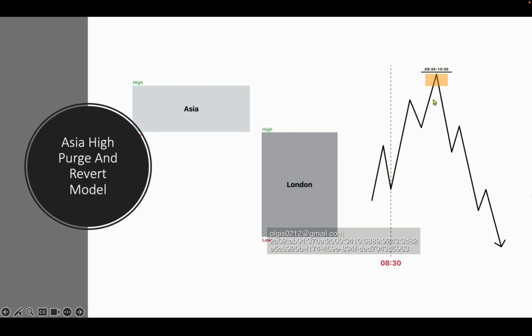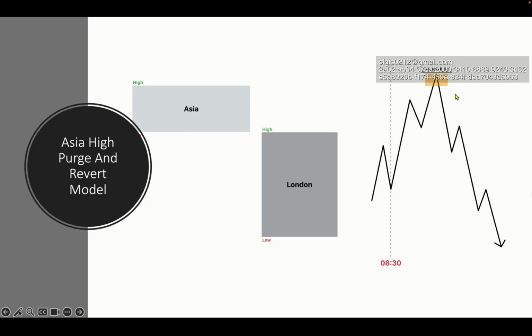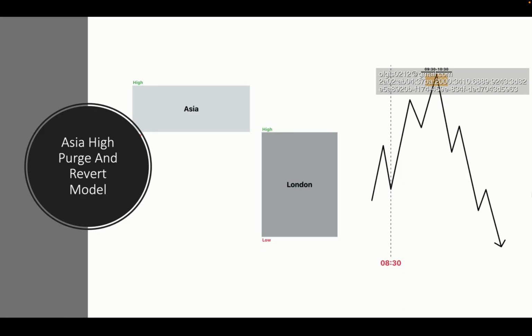We want to see the market trade above that Asia high during 9:30 to 10:30, and we then want to see signs of a smart money reversal originate from there. From there on, we want to see displacement to the downside, and from there on, we can anticipate that the market will draw towards the London low and the higher time frame sell side objective and inefficiency if the higher time frame order flow is bearish.